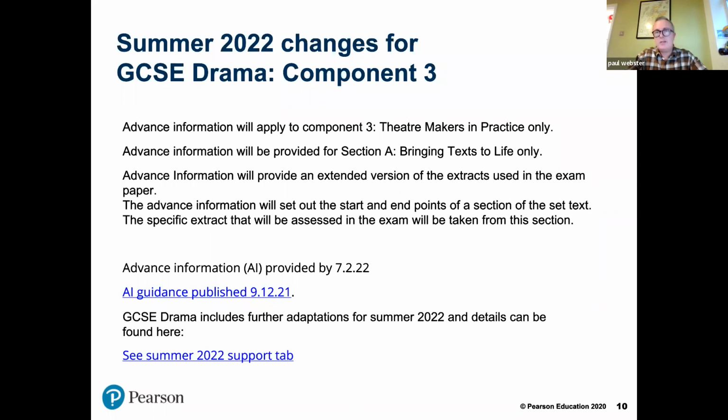There's going to be an extended version of the extracts which will be used in the exam paper. The advanced information will basically explain what the start and end points of the section are. Then the specific extract will be in the exam paper. It wouldn't be the huge one, it would be the normal size one in the exam paper.